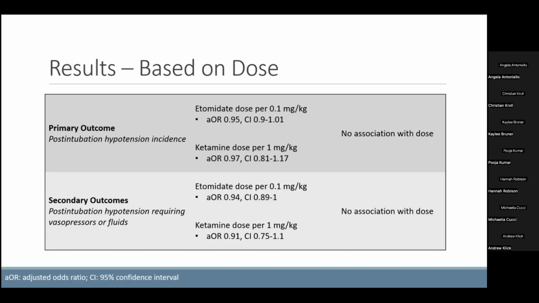This also shows that there was no association with the dose. Similarly, for our secondary outcome, our adjusted odds ratio was 0.94 with a confidence interval including 1, and for ketamine, it was 0.91 with a confidence interval including 1. So all of this to say there was no association with the dose for either etomidate or ketamine for either the primary outcome or the secondary outcome for a dose increase.